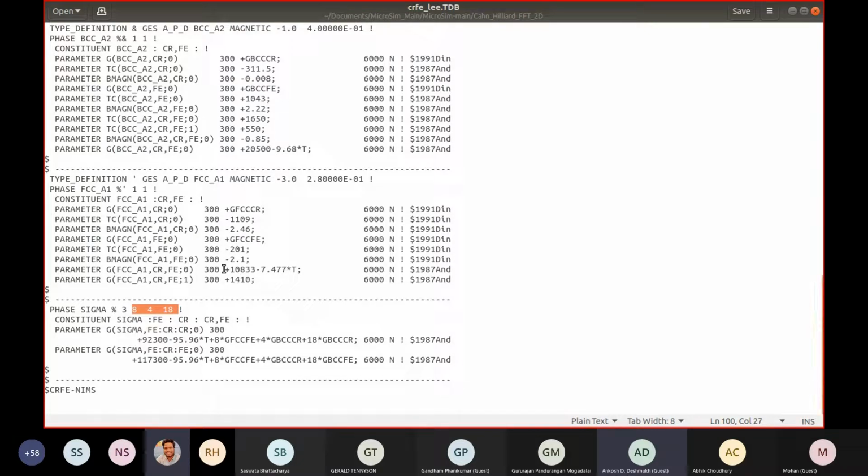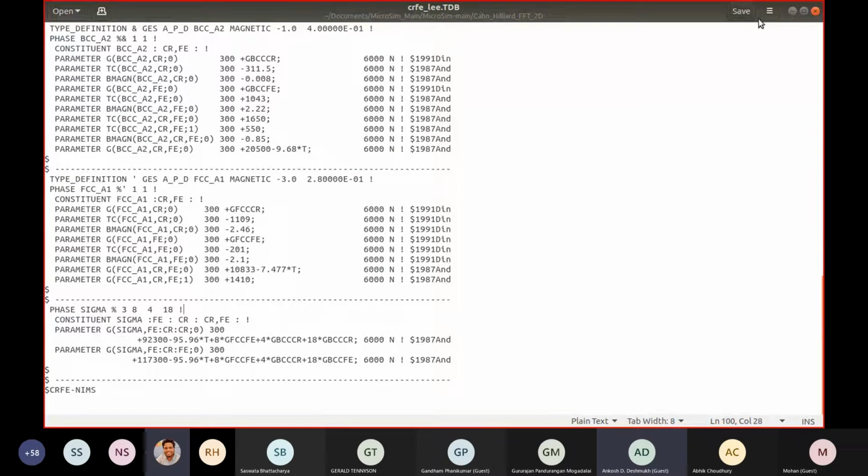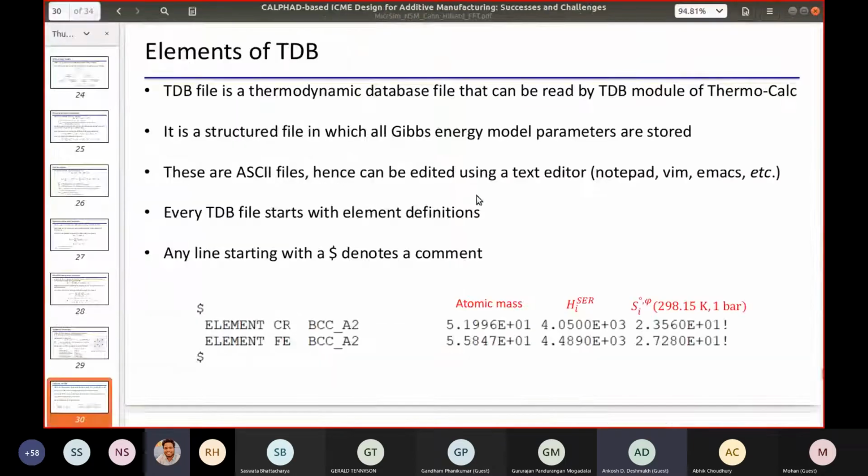You have to make sure that these are taken care of. We tend to incorporate all this physics into the Gibbs energy writer, but as of now it is going to read the solid solution. In the future, the precipitate or stoichiometric phases are going to be taken care of in the Python module.